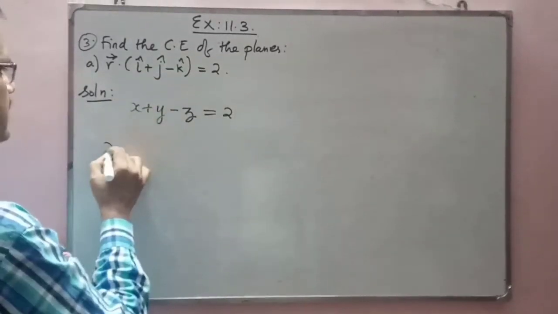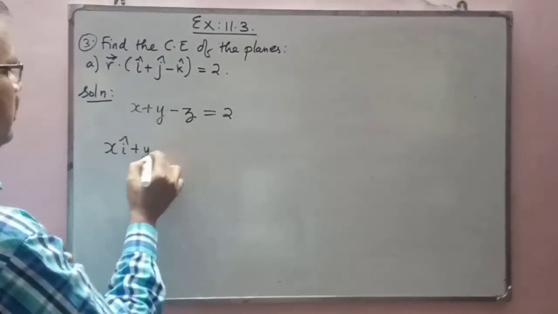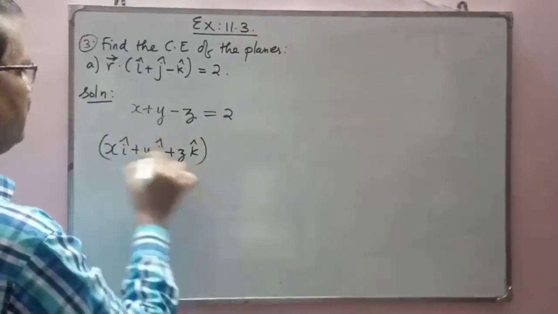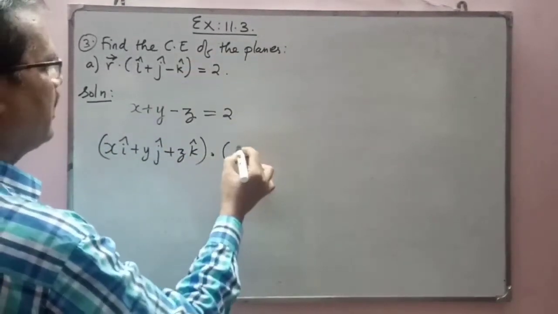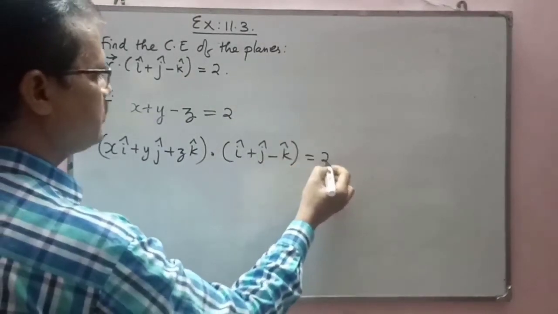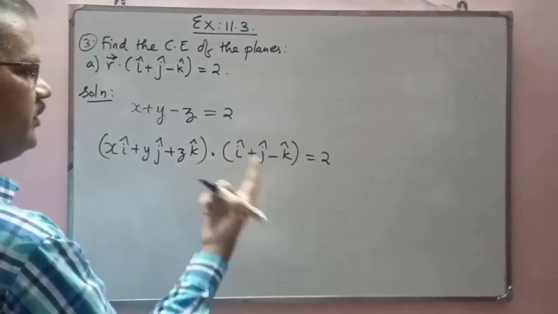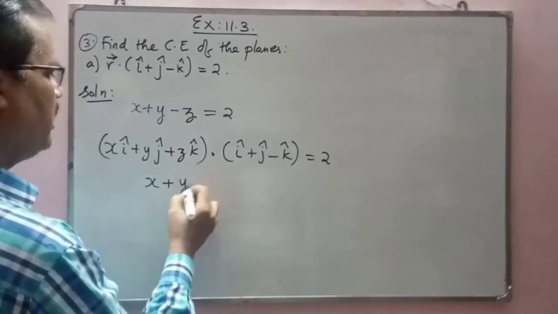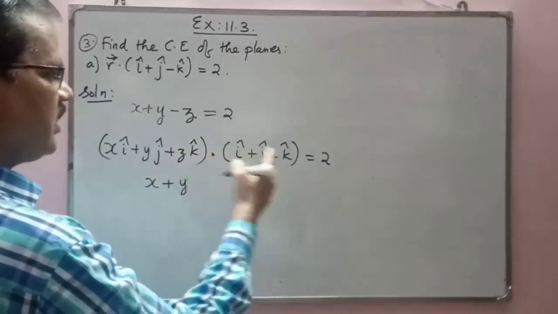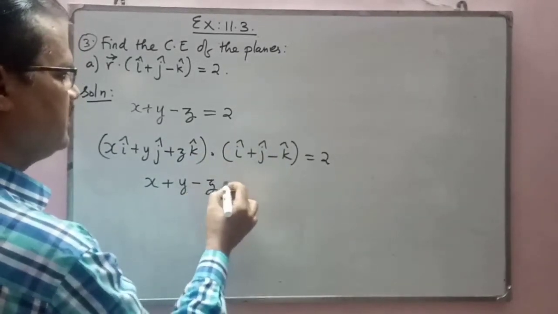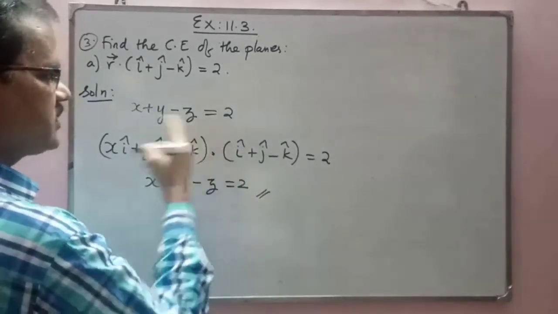R vector is always xi plus yj plus zk, dot i cap plus j cap minus k cap equals 2. In the dot product, i dot i is 1, so x into 1 is x; j dot j is 1, so y; k dot k is 1, so minus z equals 2. This is how we got this.